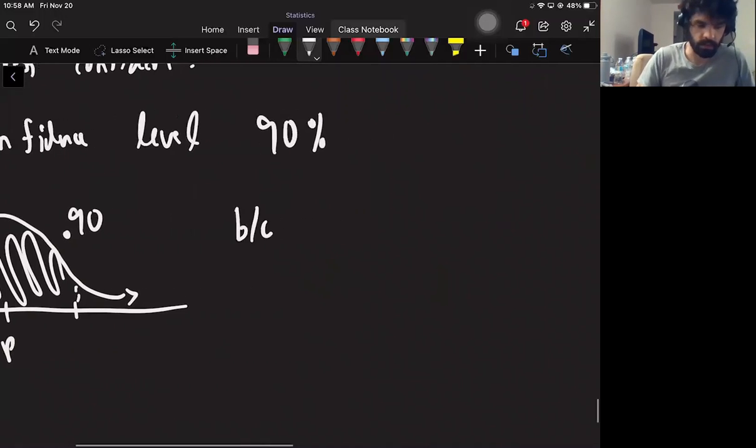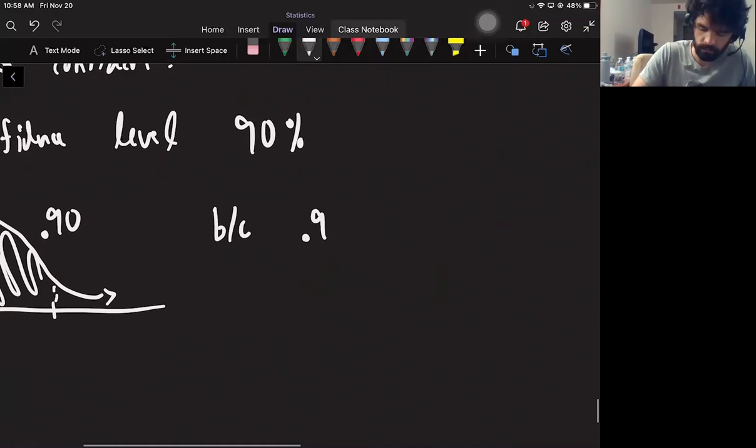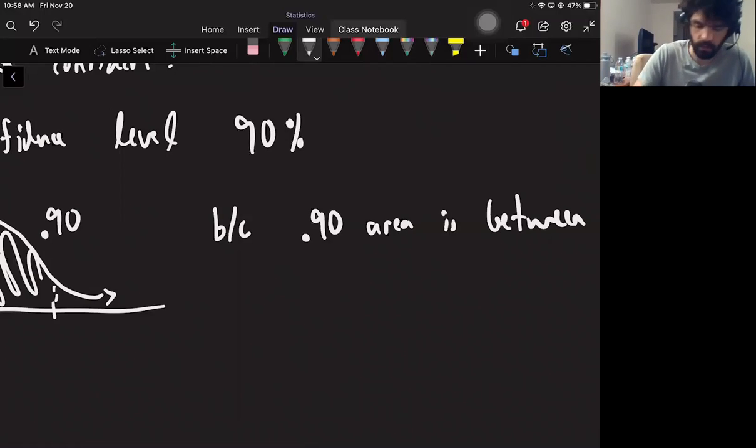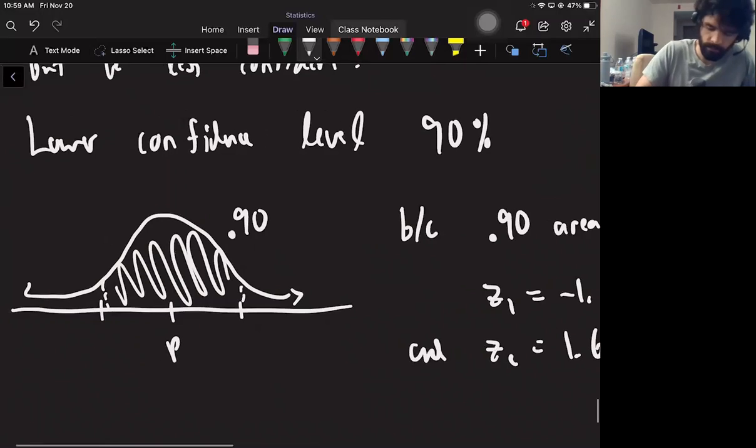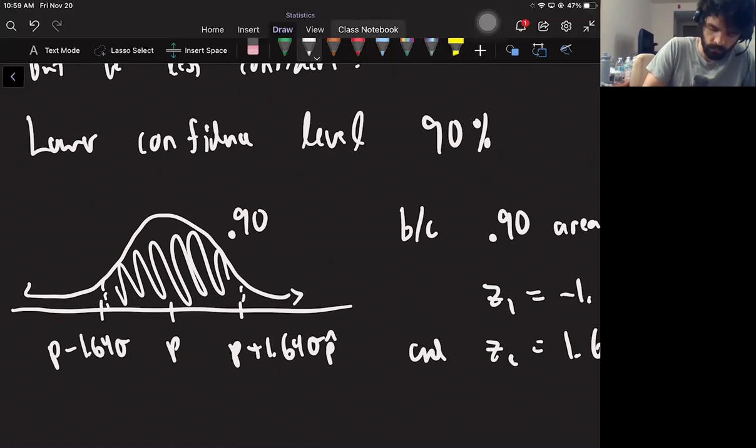And the two z-scores that do that for us are negative 1.64, and it's always symmetric, so 1.64 will be the other one, which means that the area here is between 1.64 standard deviations on either side, and then we do all the same stuff.